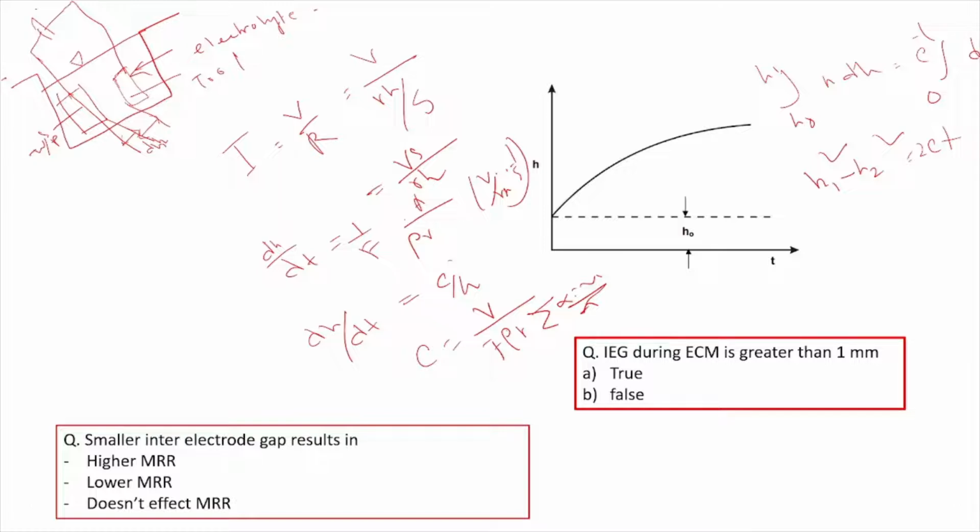Okay, as dH by dt equals C by H, which we have seen in that equation, we can say that dissolution would gradually decrease with increase in that gap.